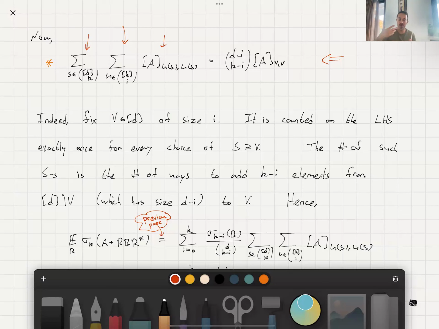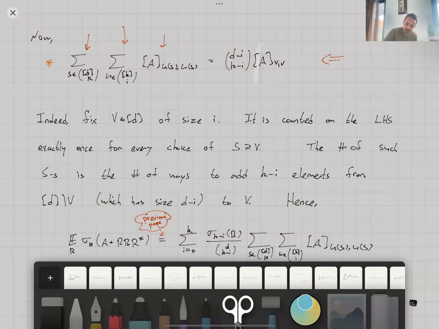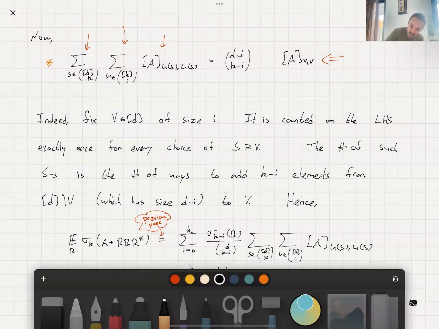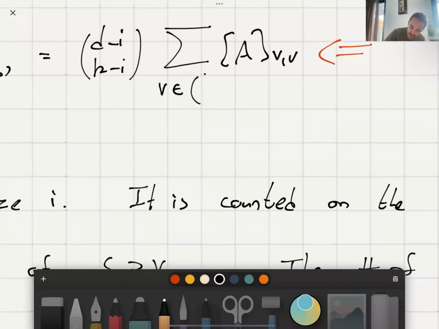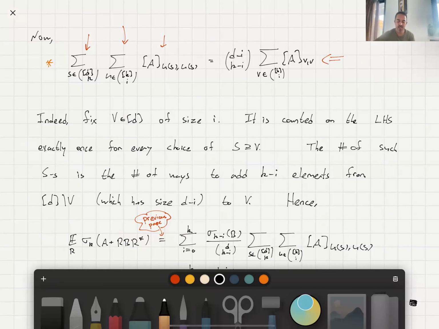So there is an overcounting here, but it's completely symmetric. So what I claim is that there should be a sum here, sorry, that you take every set of size i of k exactly (d minus i choose k minus i) times.